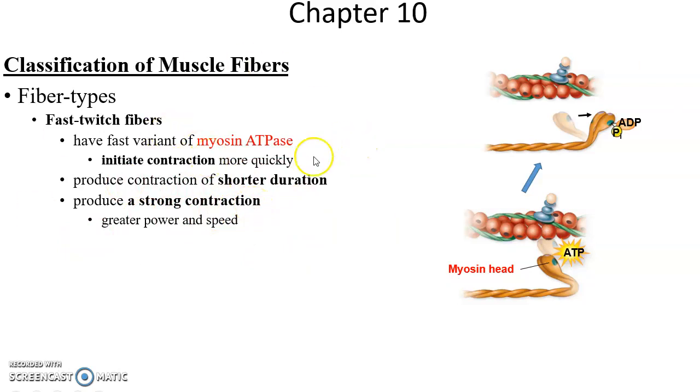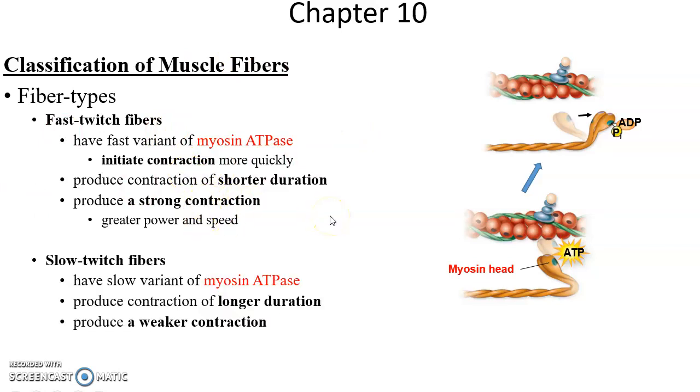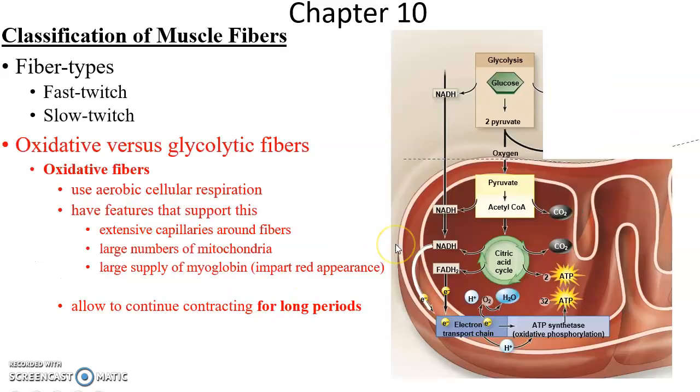Fast twitch, short duration, strong and powerful. Slow twitch fibers have a different variant of the myosin ATPase, and that means it takes longer for it to change its shape to lead to the next part of the contraction. So this leads to longer, slower contractions that are not as powerful. Slow twitch, longer contractions, but not as powerful.